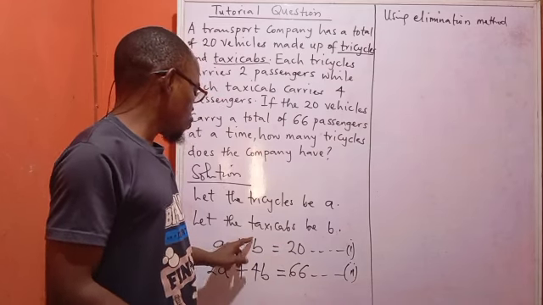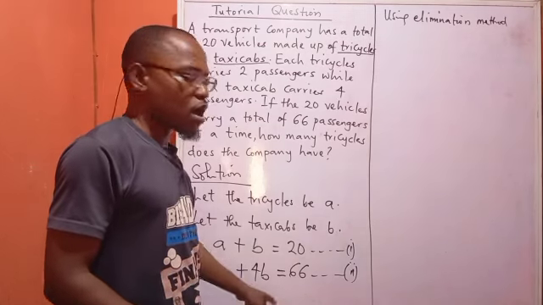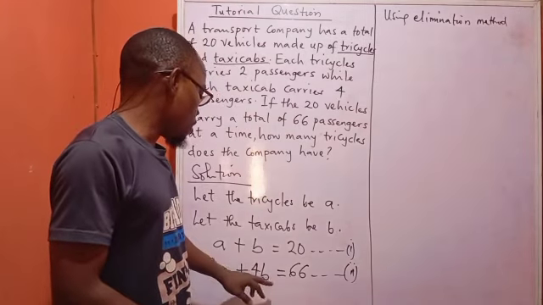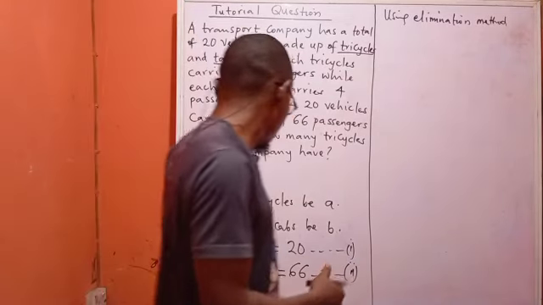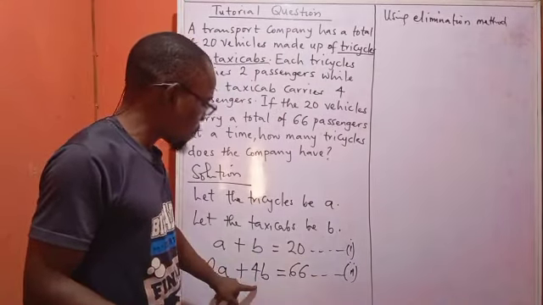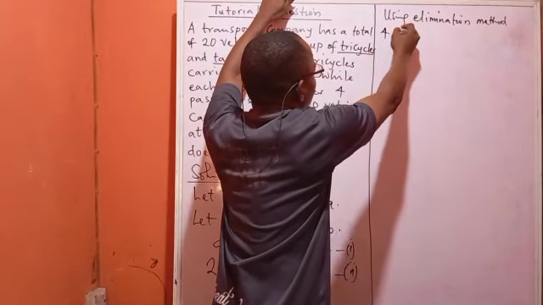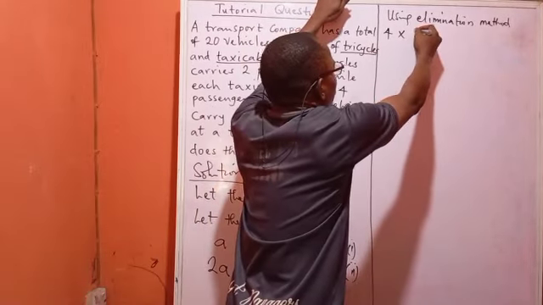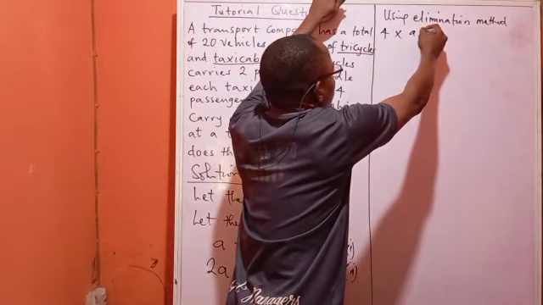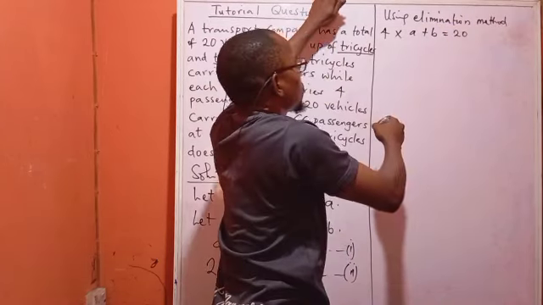Since the coefficient of b in equation 2 is 4, it will be 4 times a plus b equals 20.